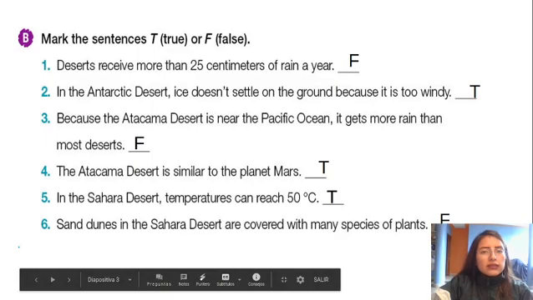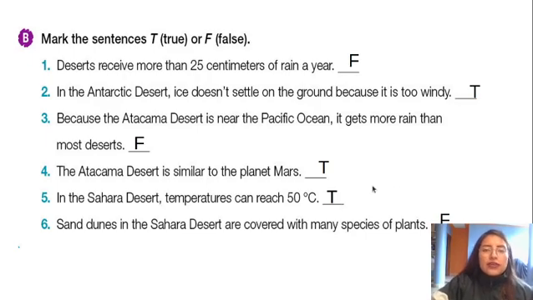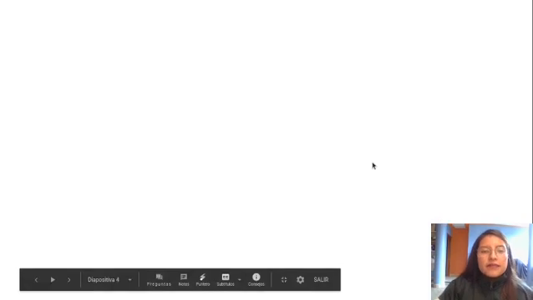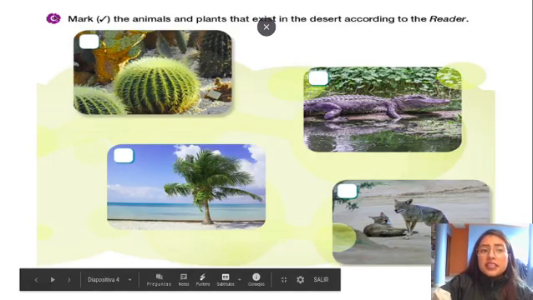True or false? False. Excellent. Very good, my dear student. Okay, check your answer and put a tick if you are correct. Si esto está bien, póngase un visto, y si no, please corrijamos. Okay, finish. Let's start with activity C.